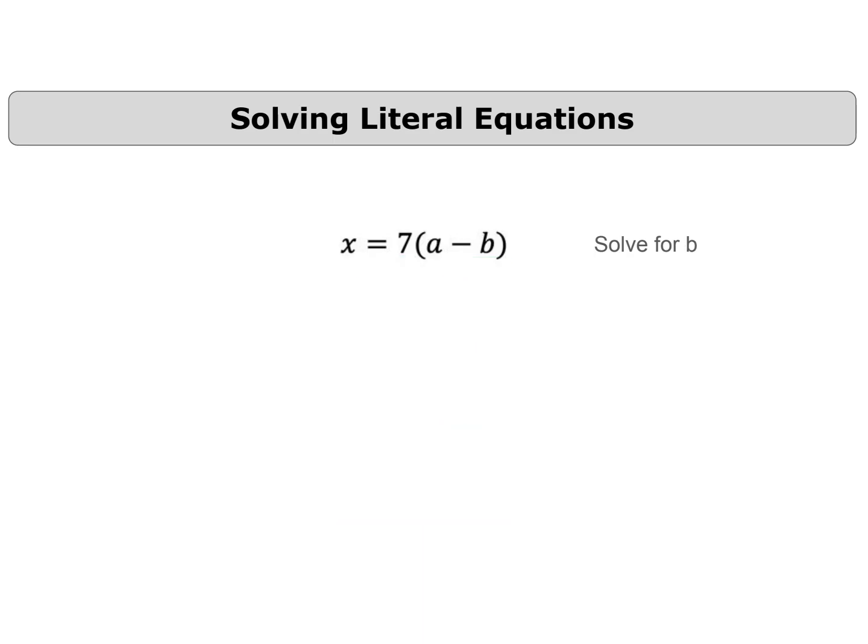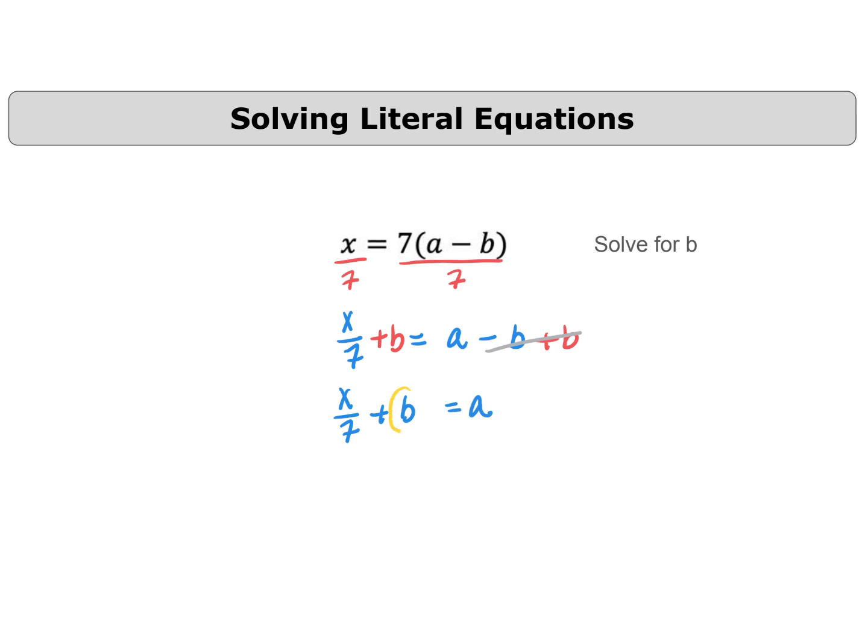Now let's say we have the same equation, but we want to solve for b. So again, we would divide both sides by 7. Then we would have x over 7 is equal to a minus b. And then we want our b to be positive, so we could add b to both sides of the equation. So the b's would cancel out on the right side, and we would have x over 7 plus b is equal to a.